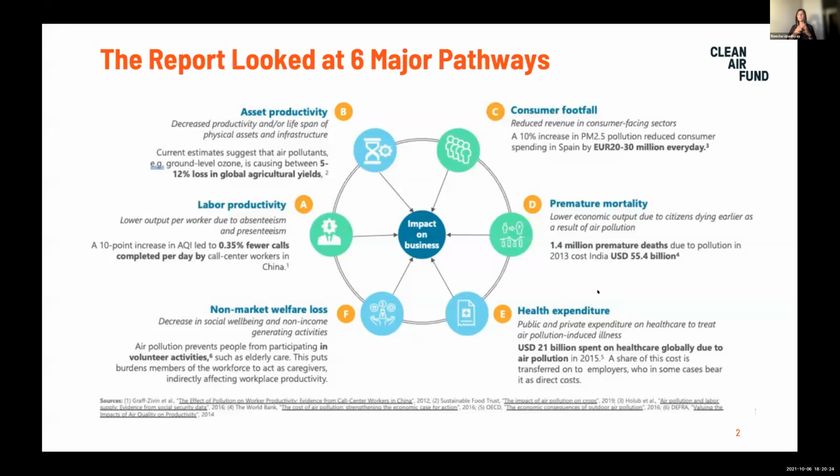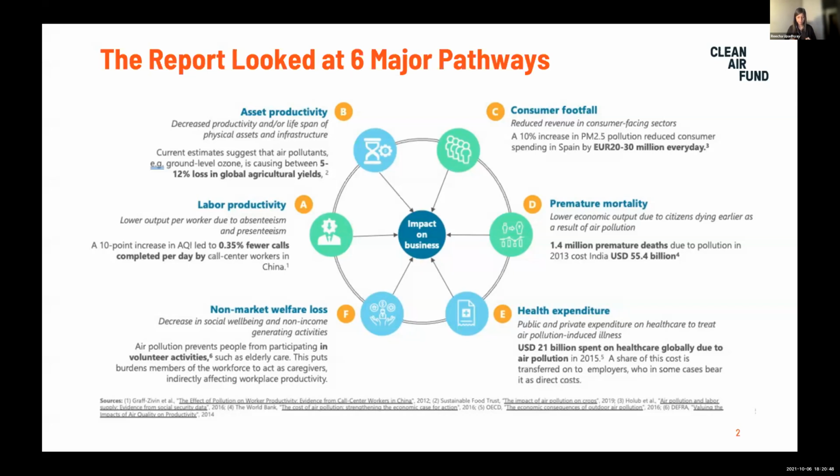So what did the report look at specifically? We looked at six areas, or six pathways, to calculate the economic impact. These include first labor productivity, which is the impact of how much people were working and how much people were not working because of air pollution.